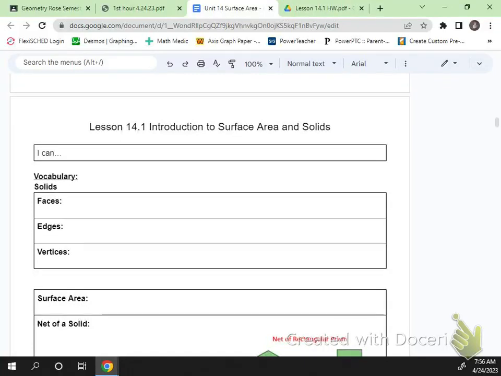Today I can identify different parts of solids and find surface area.